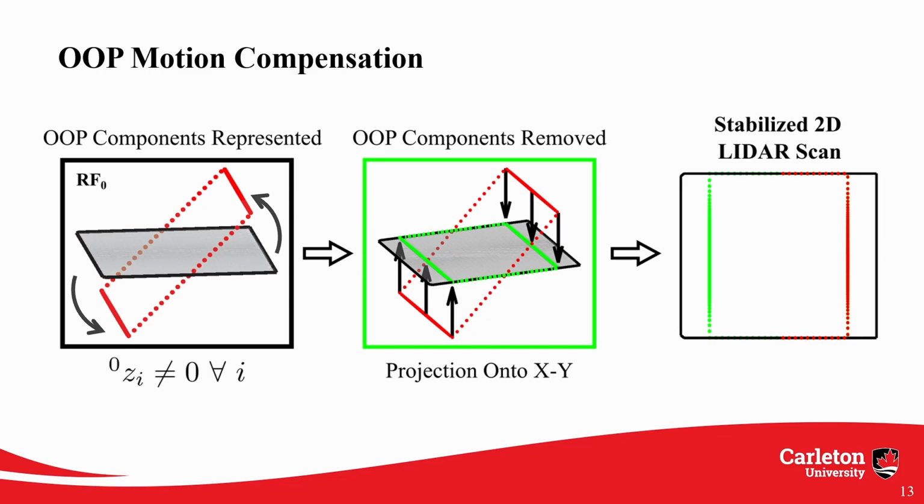From a practical standpoint, since our points are defined in Cartesian coordinates, this is done by simply dropping the Z value. The result is the correct 2D representation of our original LiDAR scan, which can now be used for traditional scan matching and SLAM. But these scans have one key advantage over traditional planar LiDAR scans.